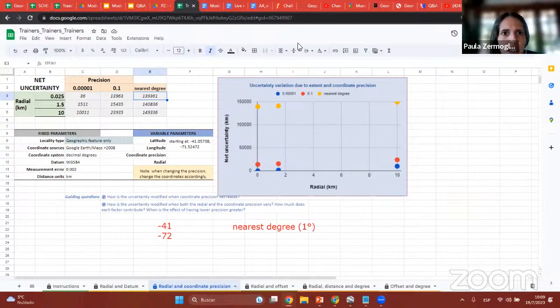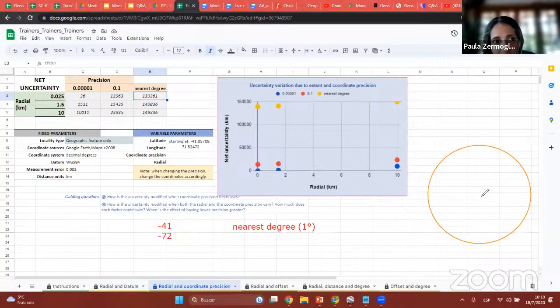What we have to keep in mind here is that we're talking about, let's see if I can draw that, so we have our globe here, or our Earth. So if we have a precision of five decimal places, we're saying, well, the coordinates can be off this little bit.